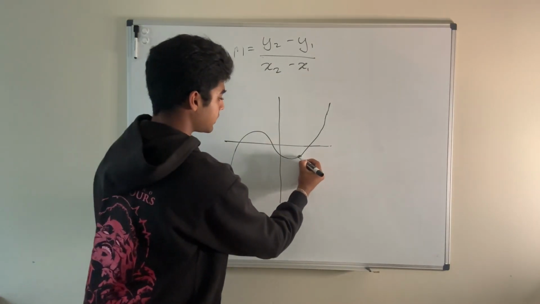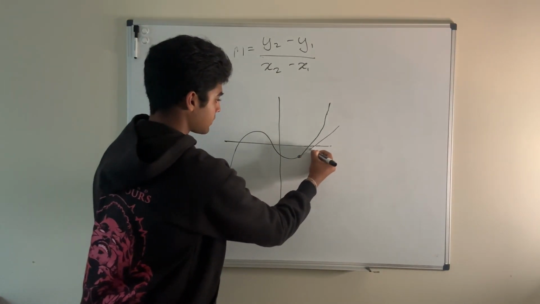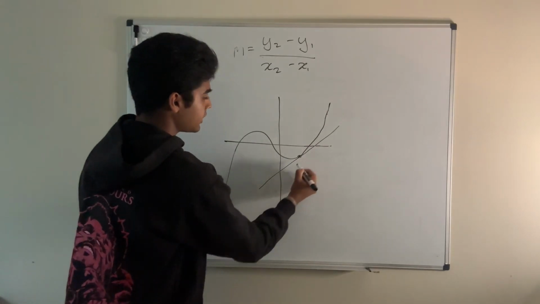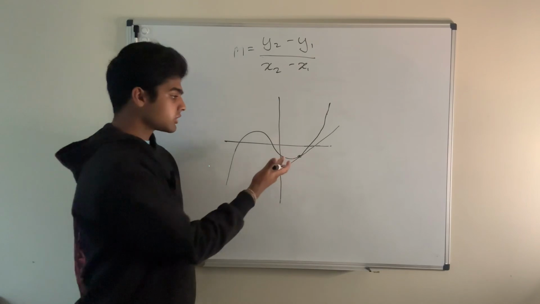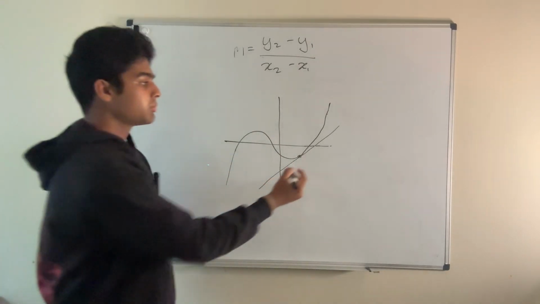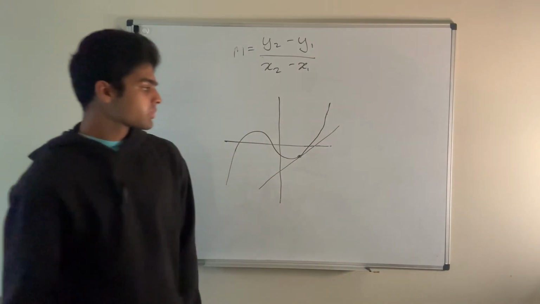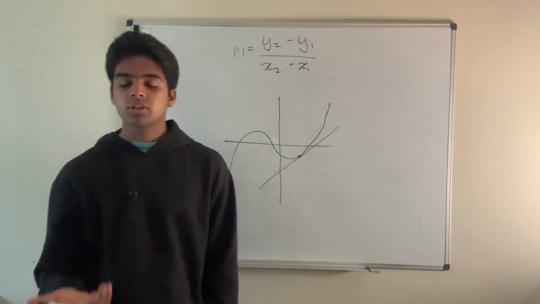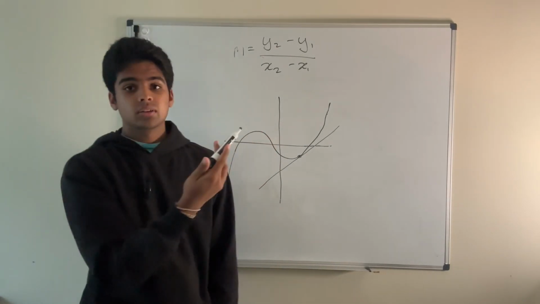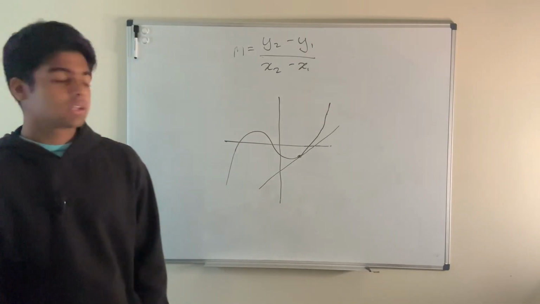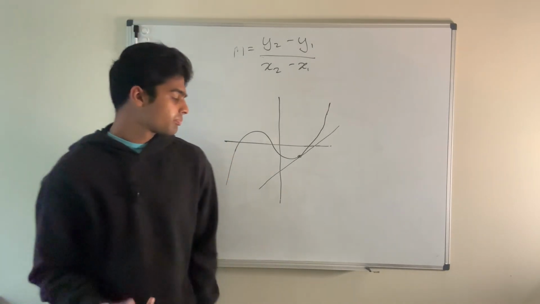So that would be right here, something like that, right? Now the derivative of this graph at this point would be the slope of this tangent line. So that's the difference between a derivative and the slope that we've been using since Algebra 1. And this is the formula that we've been using.